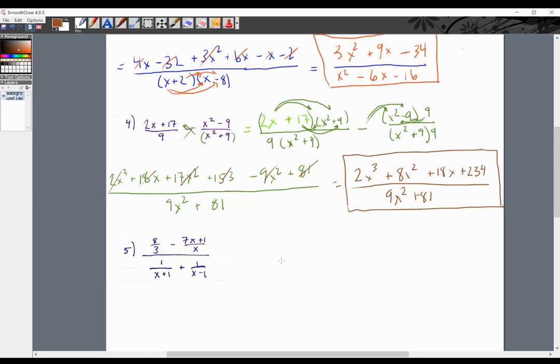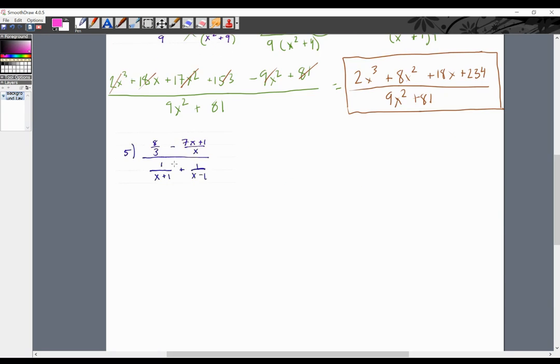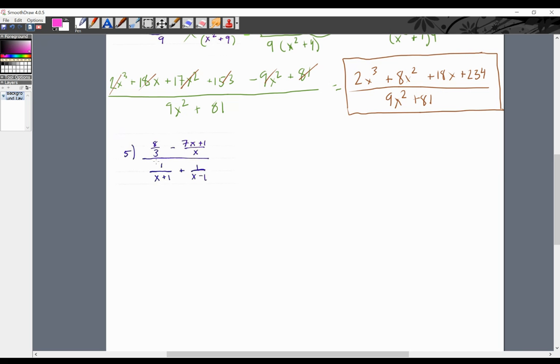Okay, last one. Nice little complex fraction here. This one looks kind of fun. So my rule of thumb is to simplify the top and bottom before I do any sort of division.